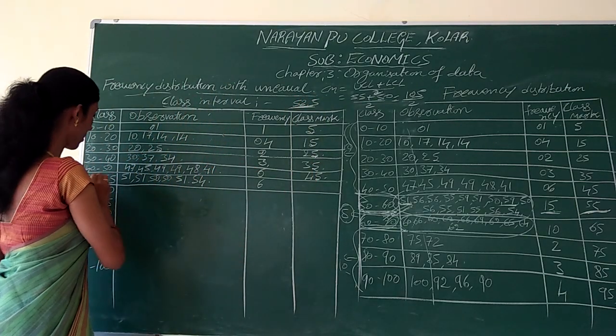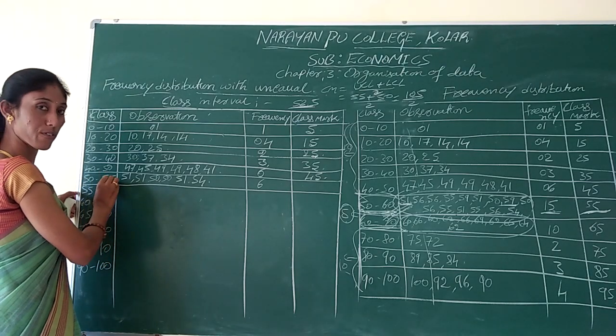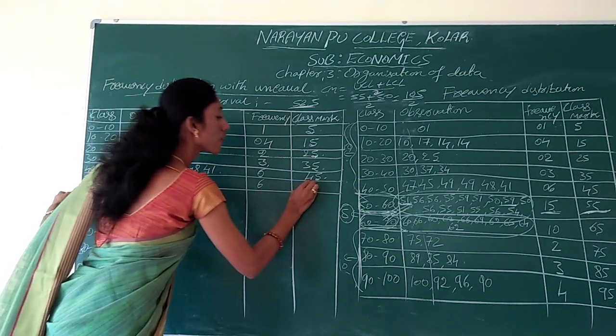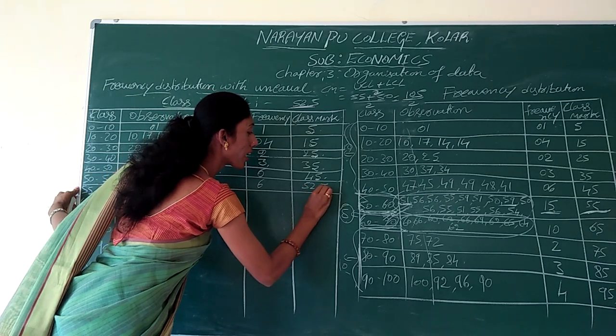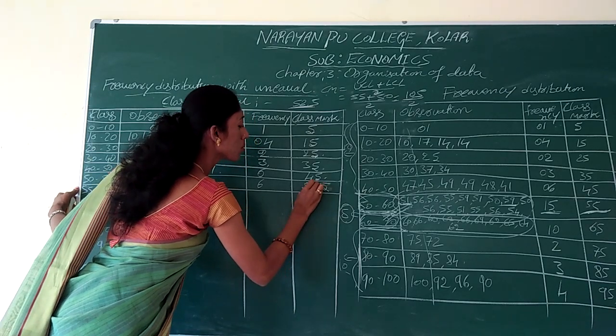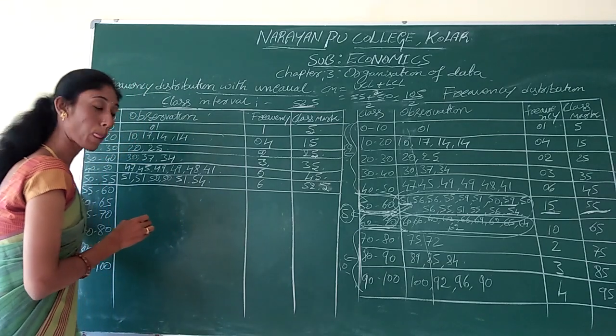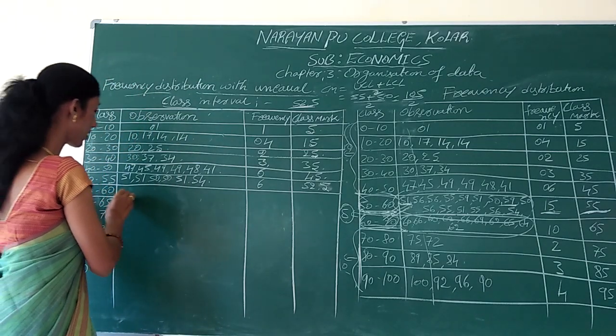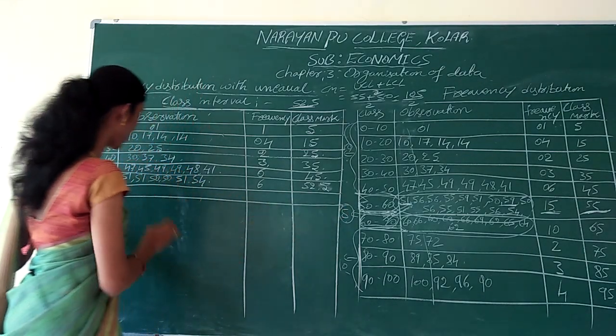In this way the class mark of 50 to 55 is 52.5. Understood?